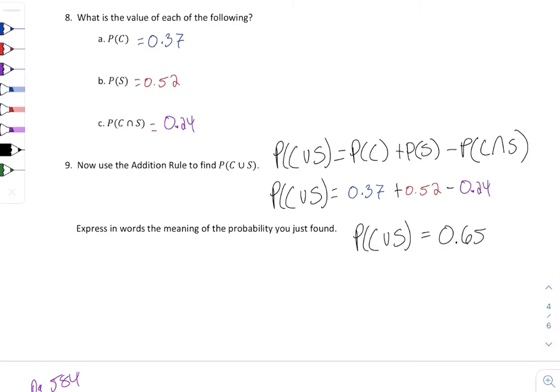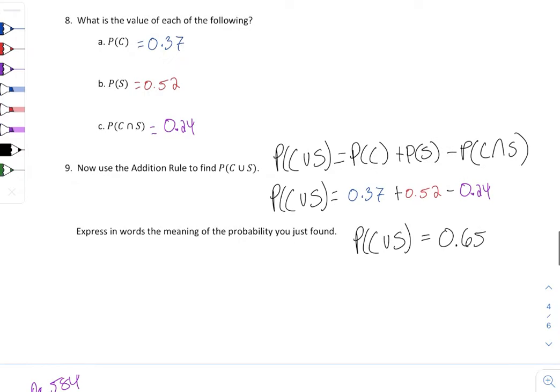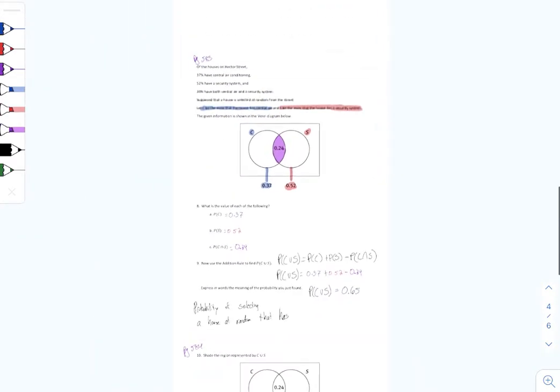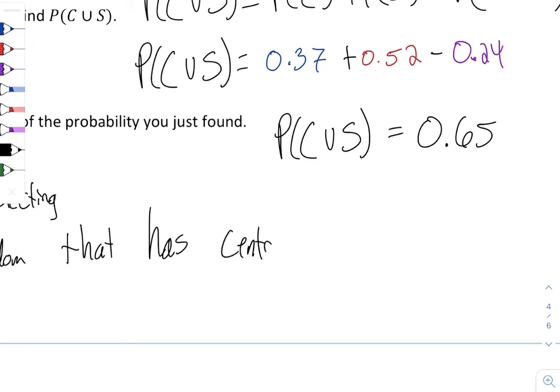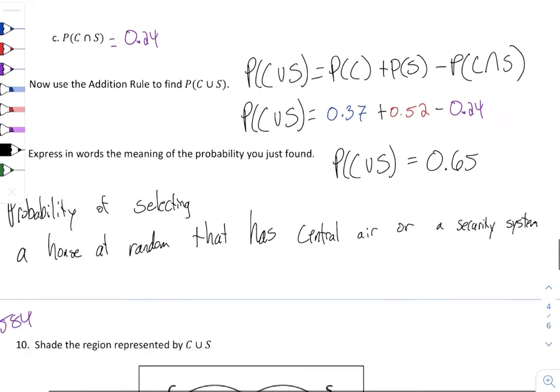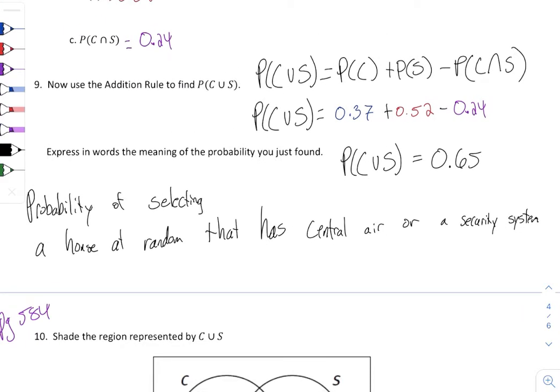Express in words the meaning of the probability we just found. This would be the probability of selecting a house at random that has central air or a security system.